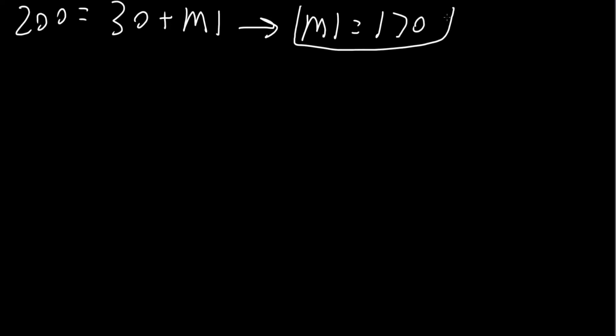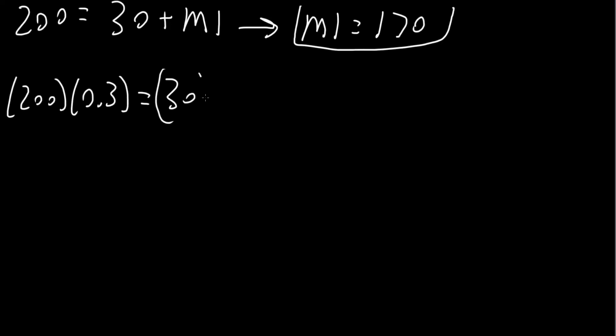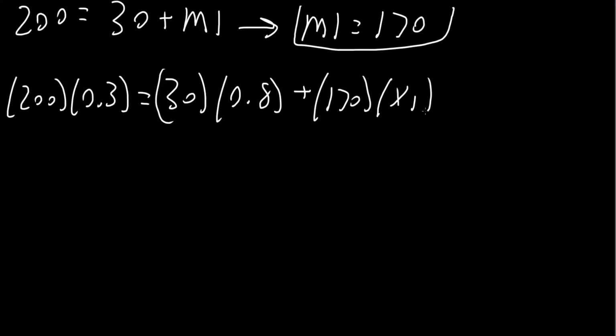Now we just need to get X1. Same idea as before, 200 times 0.3 is equal to 30 times 0.8 plus our 170 times X1. By doing this, we would get X1 equal to 0.21176. So let's box in this answer.